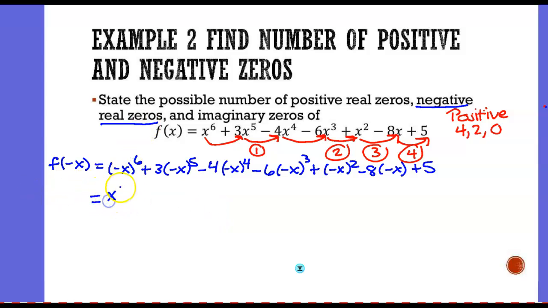I'm going to be careful that I write my signs as accurately as possible. I always want to do what's in the parentheses first. A negative raised to the power of an even number is going to create a positive. A negative raised to the power of an odd number is going to create a negative. Just keep that in mind as you go through this. So it's going to be negative 4x to the 4th.